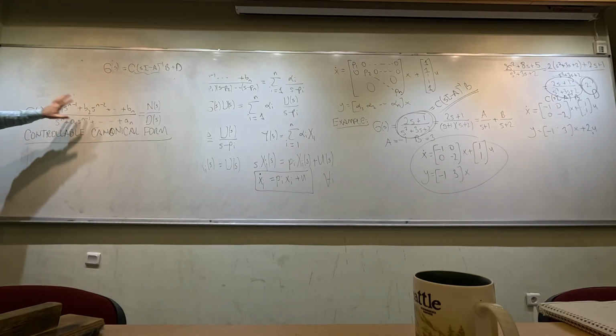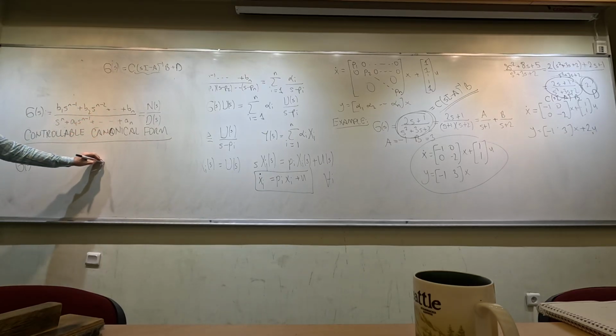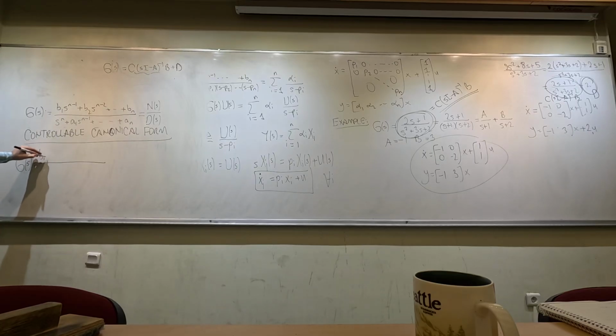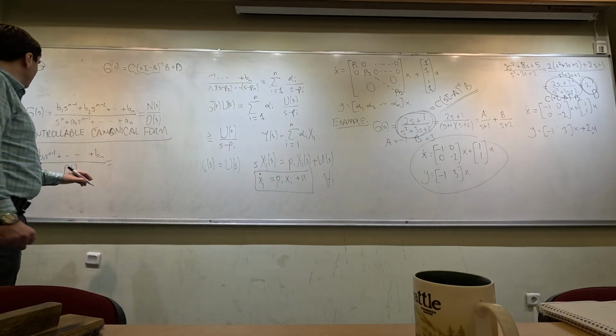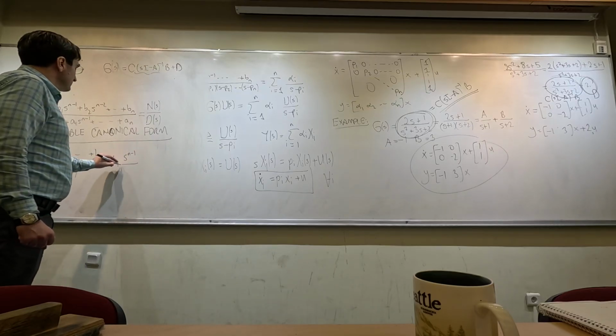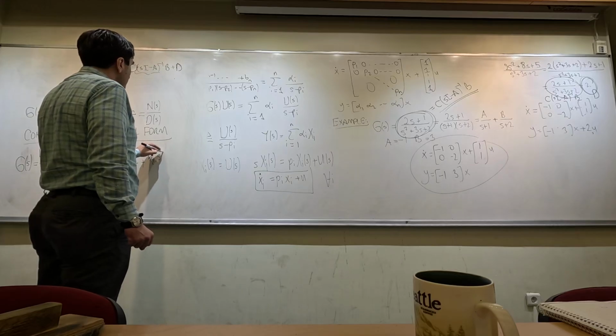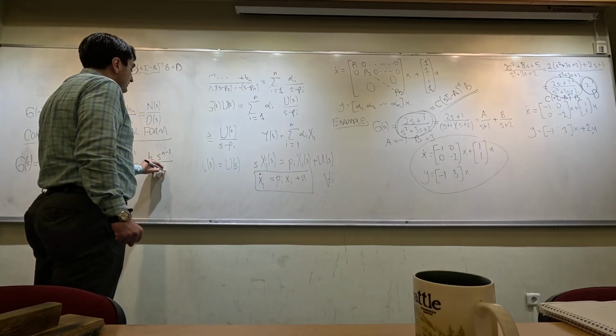I'm going to assume the same general form, and I will do the following. G of s is, instead of this denominator, I will keep it as D of s. Okay, B1 s to the n minus 1 going until Bn divided by D of s, and I will write this thing as follows: B1 times s to the n minus 1 divided by D of s plus B2 times s to the n minus 2 divided by D of s.